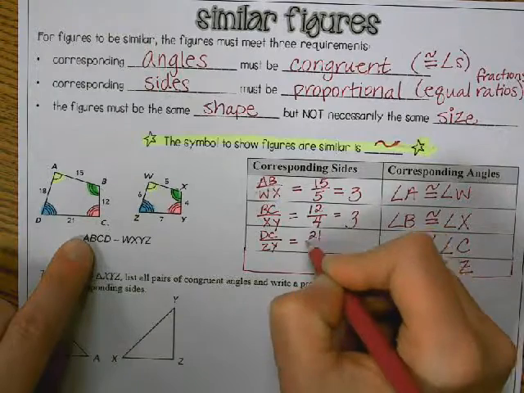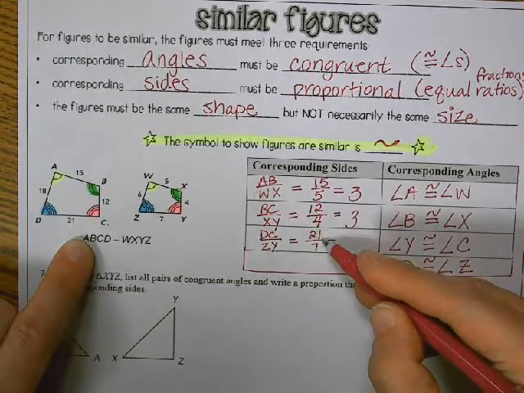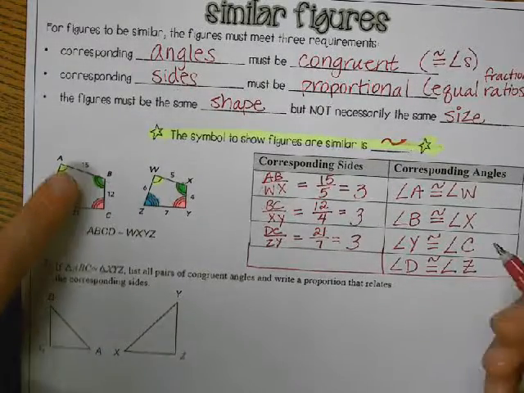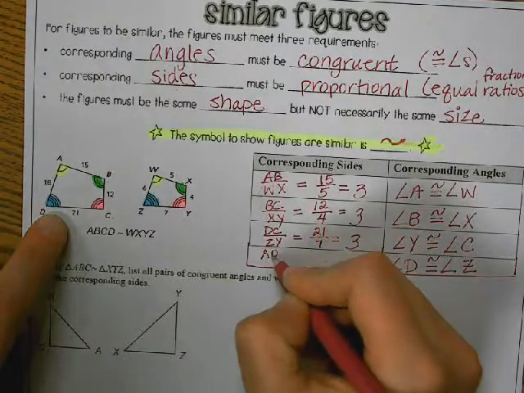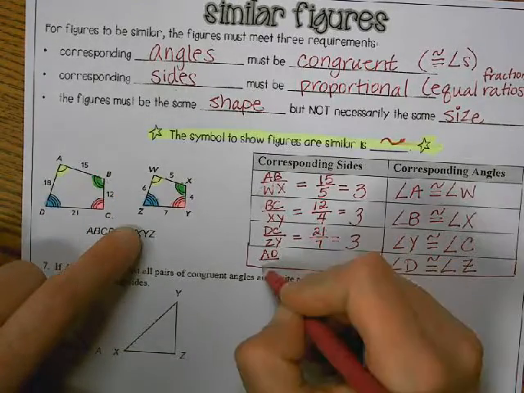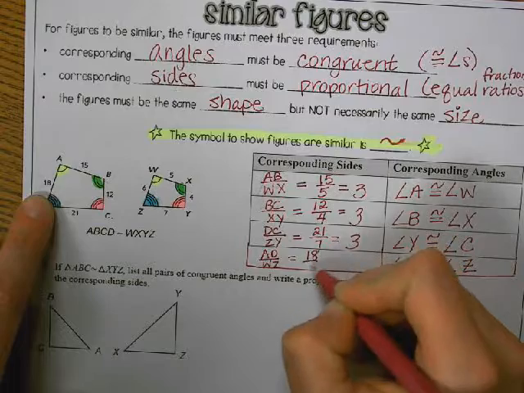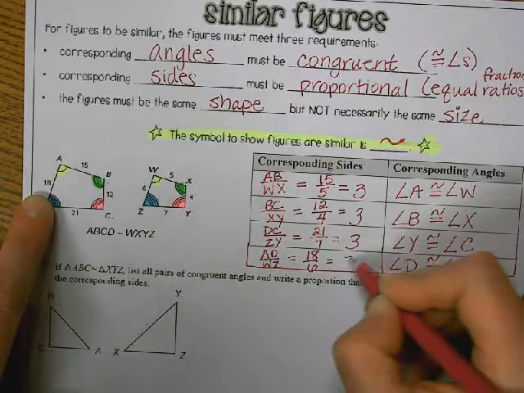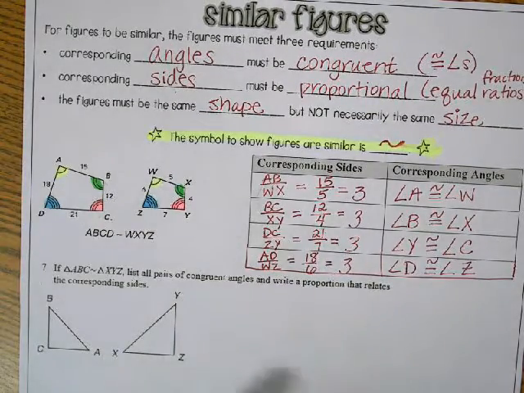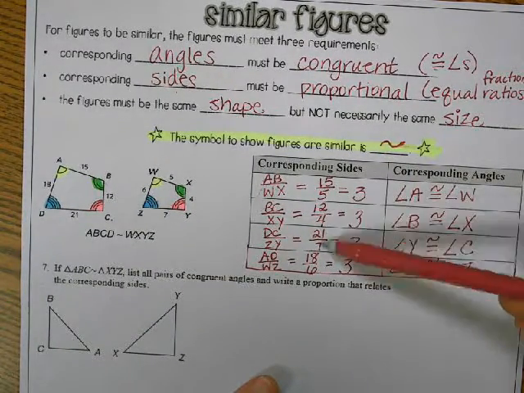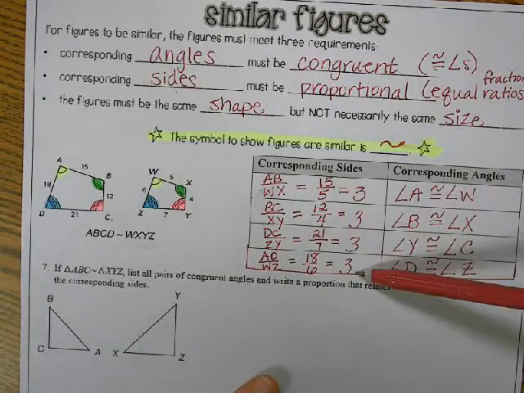That's 21 over 7. 21 divided by 7 is 3. And then the last one, AD, goes with WZ. That's 18 over 6, which is 3. So you can see all these fractions simplify to 3.